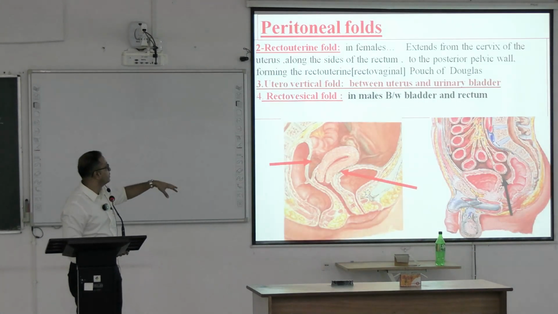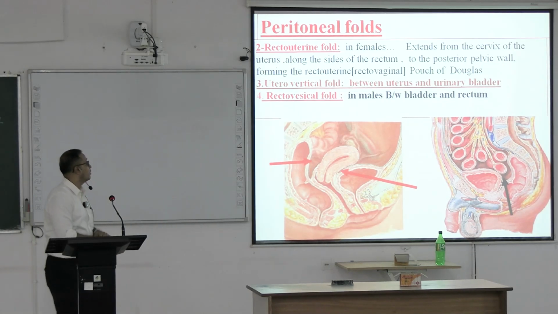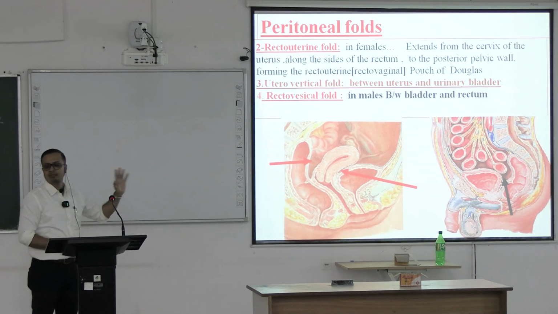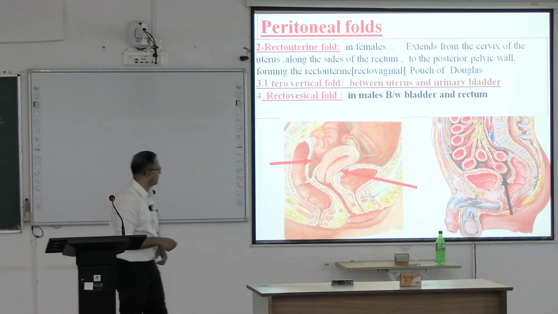And in this peritoneal cavity we have peritoneal folds existing within this pelvic cavity, which we describe based on male and female subjects. So, in case of the female subject we have two peritoneal folds existing, whereas in a male it is one. The rest of this content and its importance will be covered in the pelvic lectures.